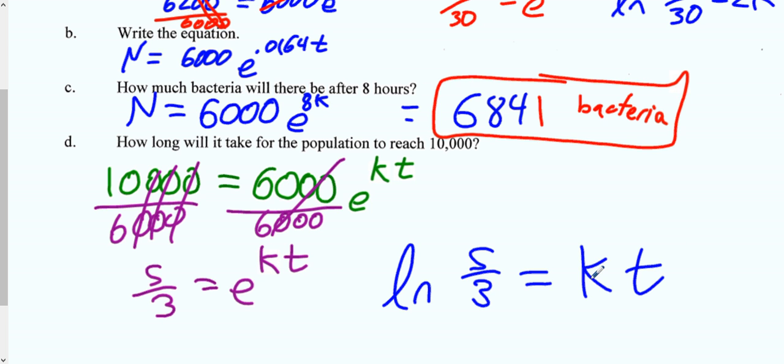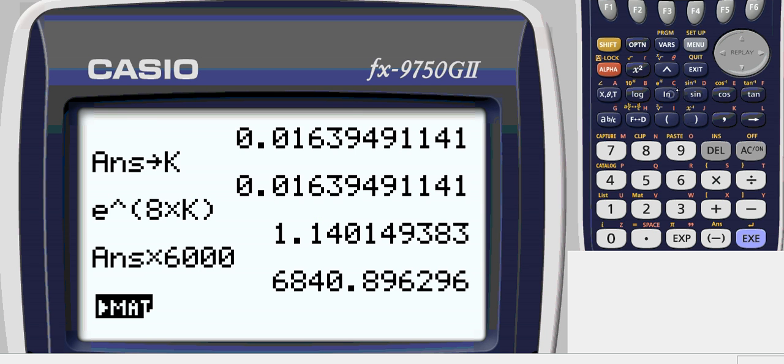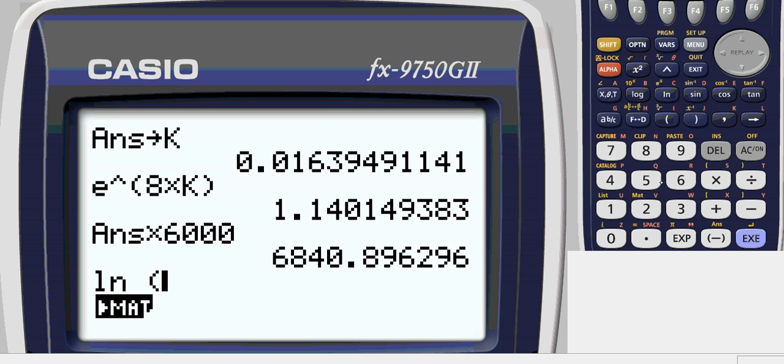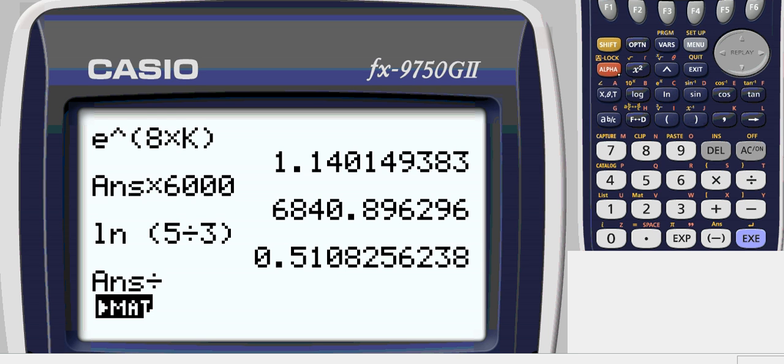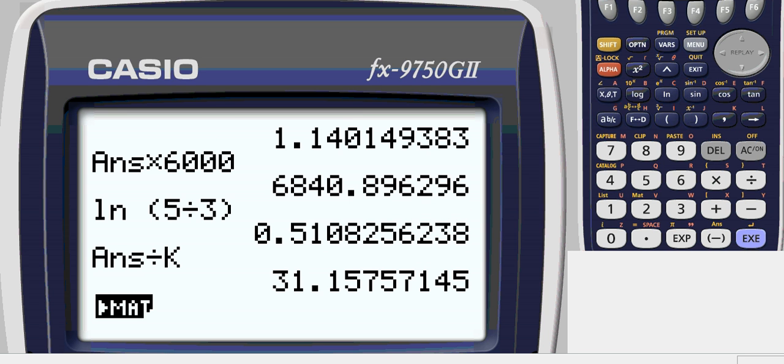And we're solving for T, so we're going to divide by K, which is the variable we have saved in our calculator. So natural log 5/3 divided by K. Natural log parentheses 5 divided by 3 divided by K. 31.158.